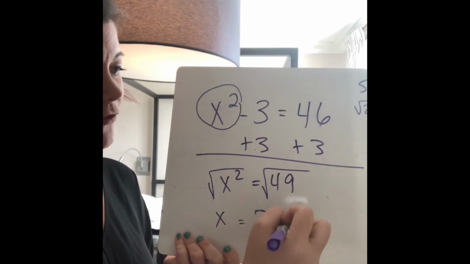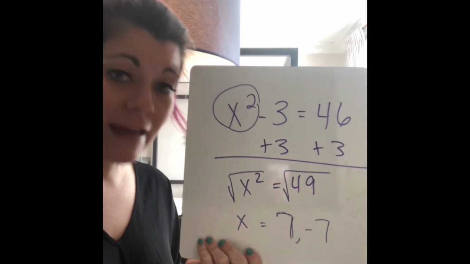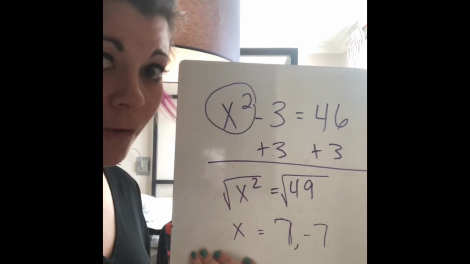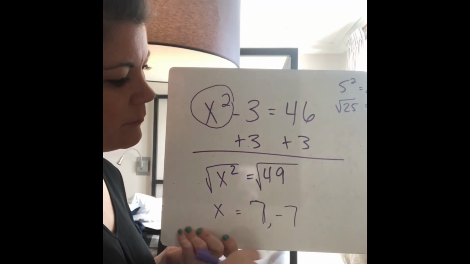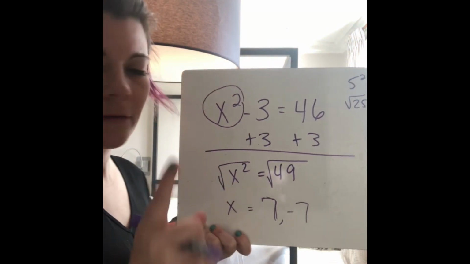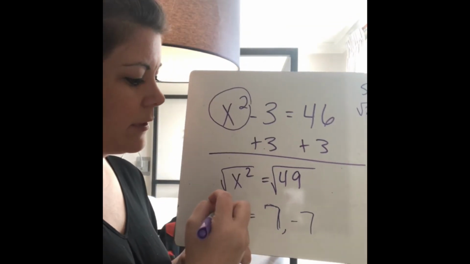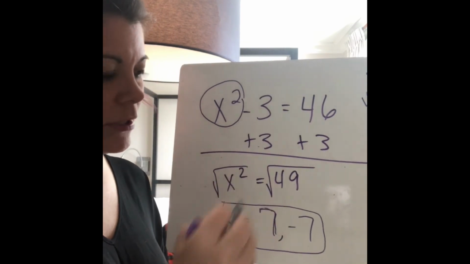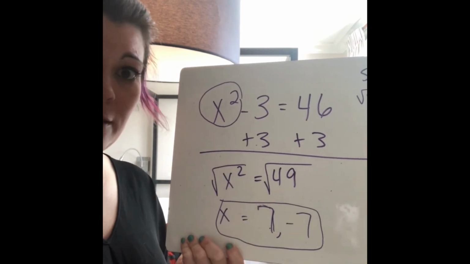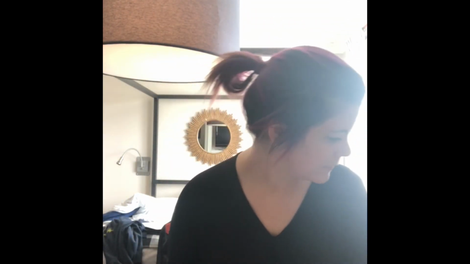The other number is actually -7 too, because -7 times -7 also gives you 49, because if you remember your integer rules, two negatives make a positive. Okay, so anytime you take the square root of a number, you have to do the positive version and the negative version.